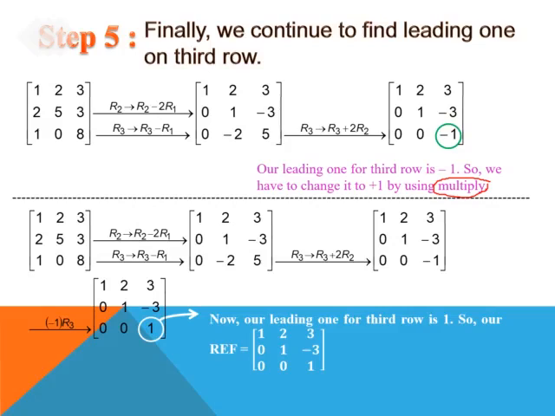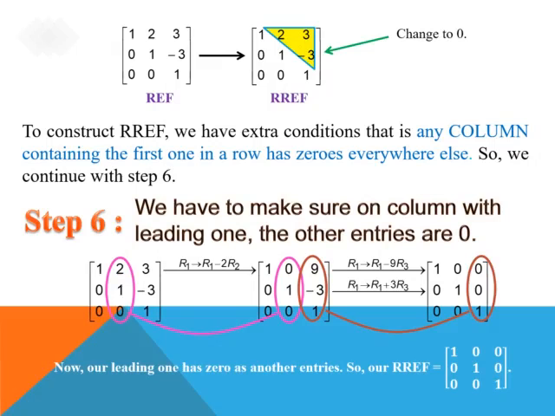But our question wants to reduce the matrix to REF and also RREF. So we have to make sure these 2, 3 and negative 3 become 0. So we have to continue. Like I said before, from REF, we have to reduce it to RREF. So the 2, 3, negative 3 up there, we have to change to 0.